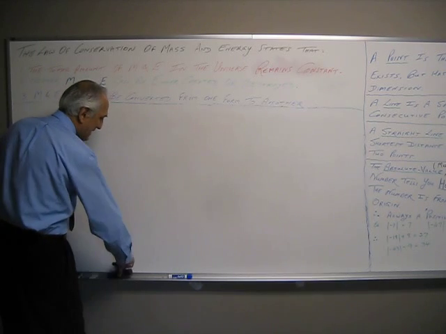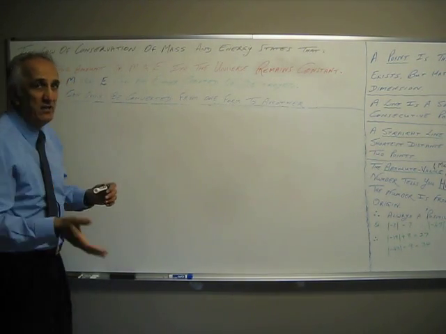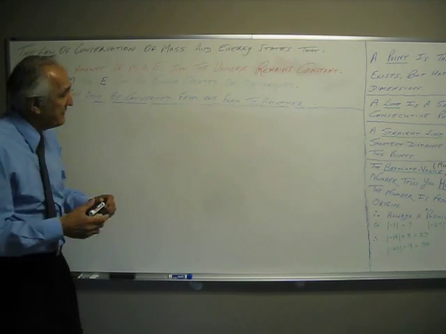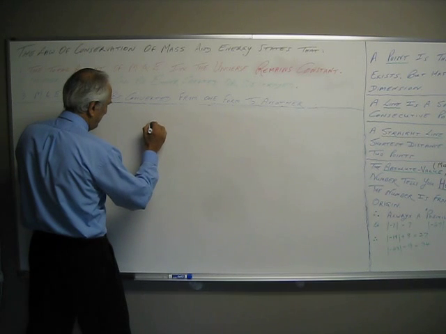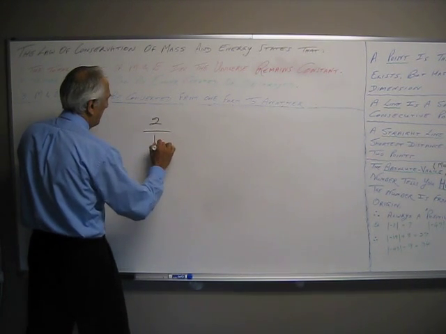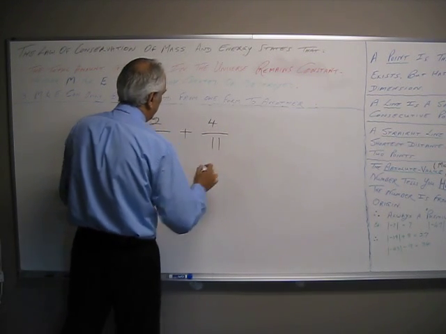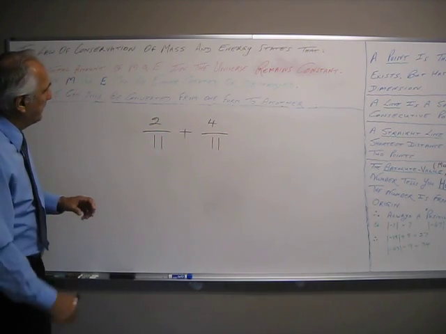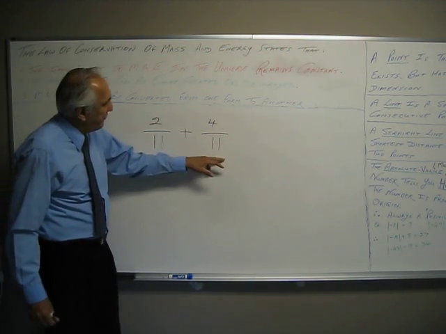Just as you can add simple numbers like 7 plus 11 gives you 18 and so on, you can also add up fractions. Let's, for example, try this out. For now, I've kept the bottom numbers the same.